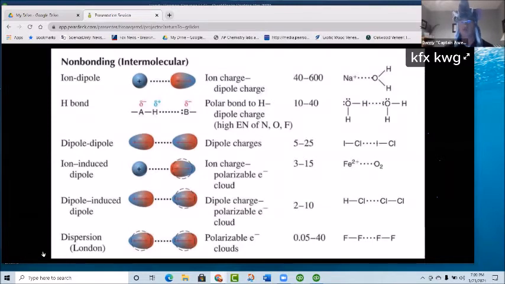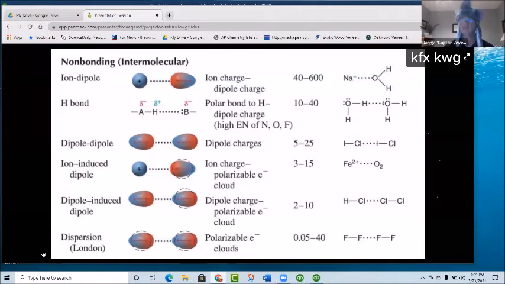How do you become crazy polar? Well, you have something that's hydrogen, which isn't electronegative hardly at all, attracted to something like N, O, or F, the three most electronegative elements on the periodic table. So we say a hydrogen bond is just an uber dipole-dipole force, a super strong dipole-dipole force.